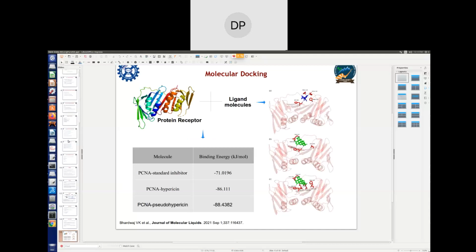So this is a very general pictorial representation of docking, where we have the receptor, which is the PCNA of human, and the ligand molecule. In this case, we have the crystal structure.